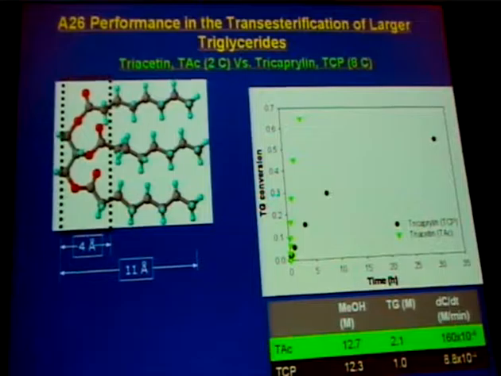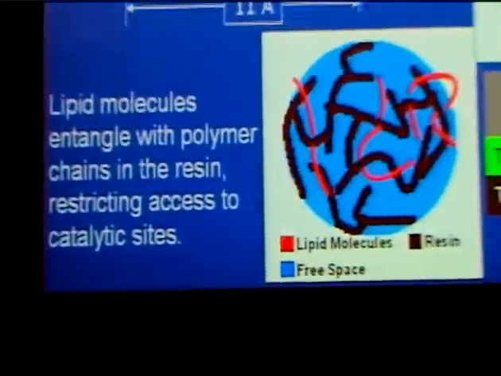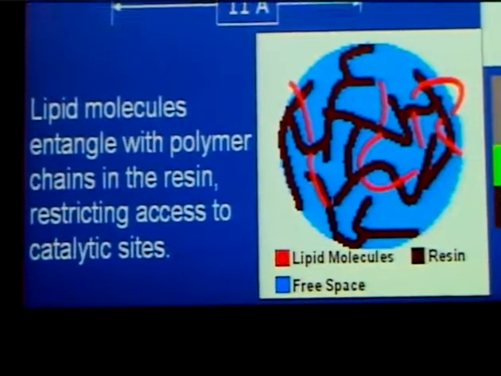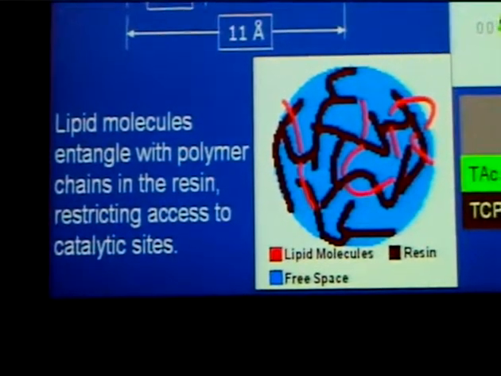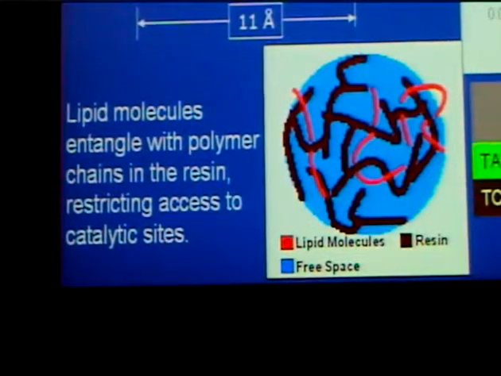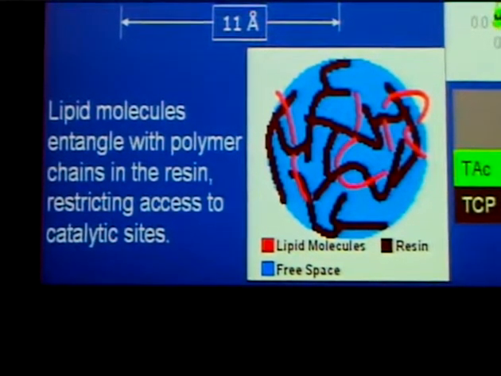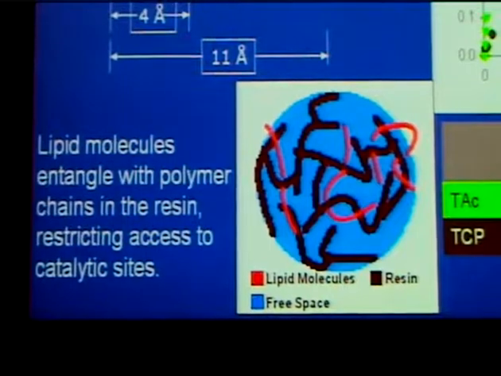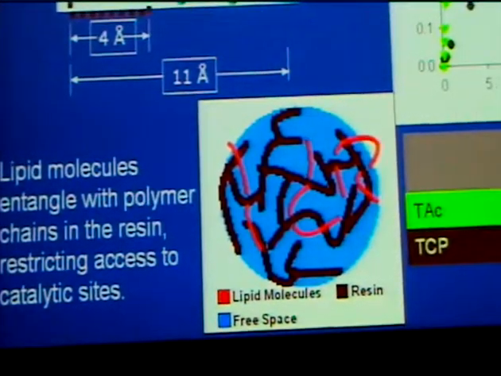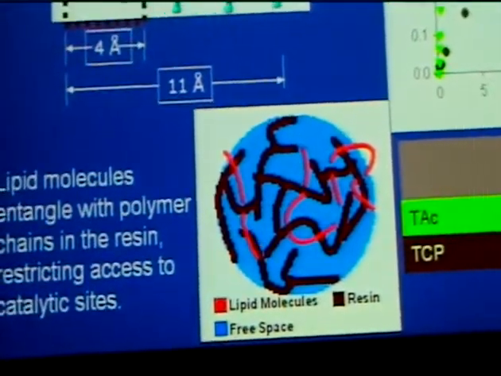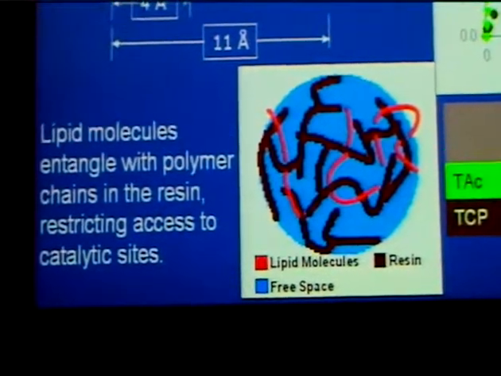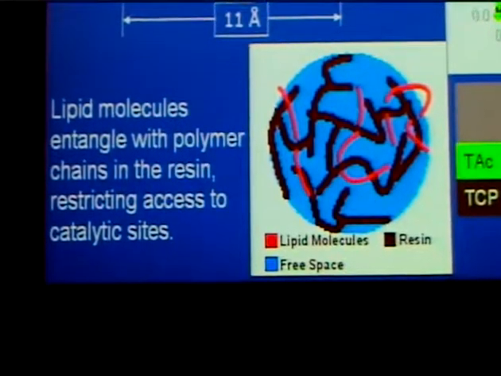So what is happening here? We believe that the problem is that this resin A26 has a macroreticular structure, in the sense that it has macropores, but most of the sites probably are in the micropores of the resin. Those micropores require swelling to be exposed for reaction.